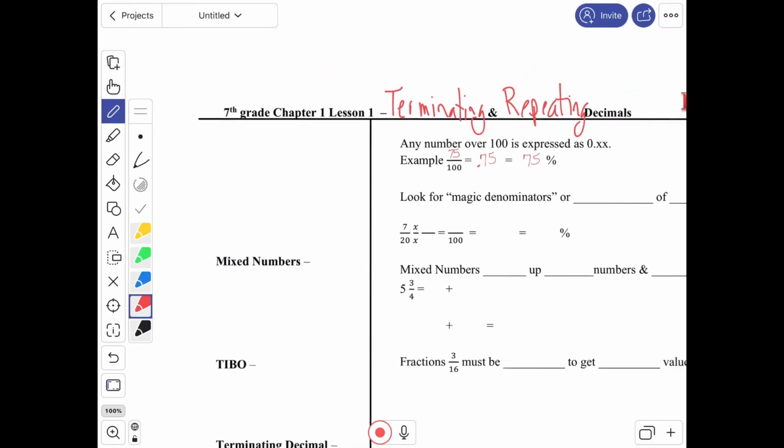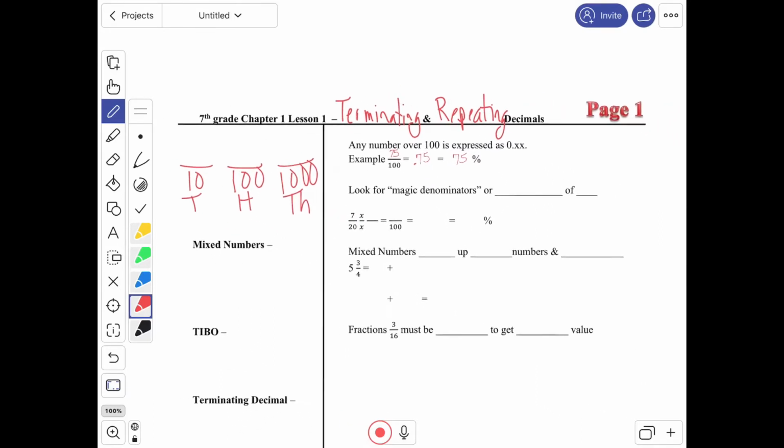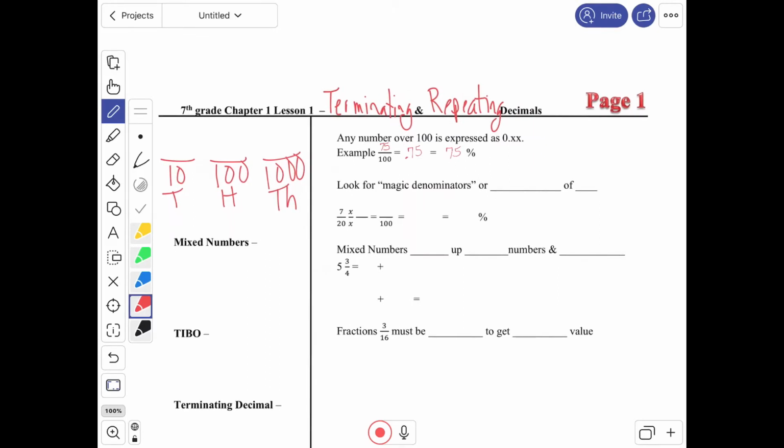Those are special decimals because their denominators are 10, 100, or 1,000, kind of like our place values: tenths, hundredths, or thousandths. And we need to look for magic denominators like that, or factors of 100.